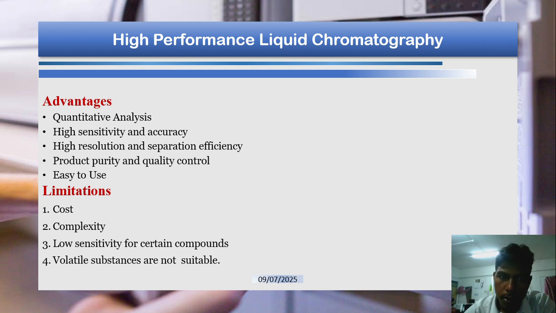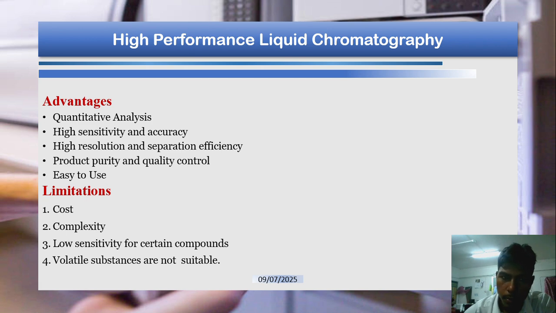It has a high sensitivity to detect small or trace amounts of substances. It is easy to use, and it gives better product purity, and helps to assess quality control. It is versatile.